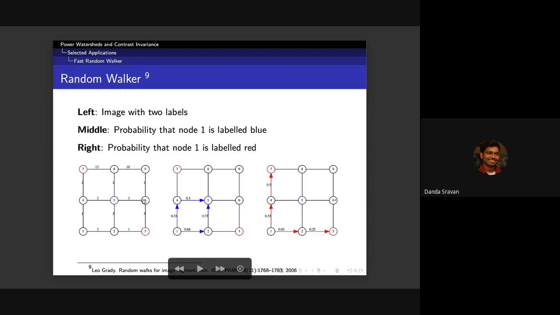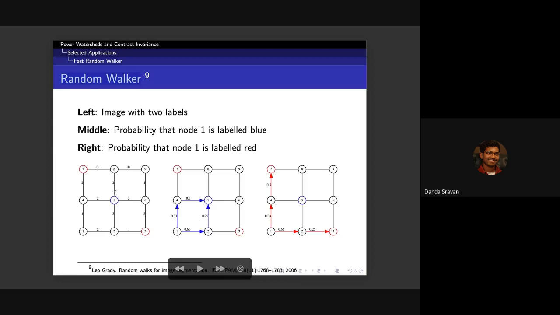In general, the goal of a seeded segmentation is that, given that I have some information about the labels of certain pixels, how do I propagate these labels to the unlabeled pixels? So random walker is one of the classic approaches to solve this seeded segmentation problem.